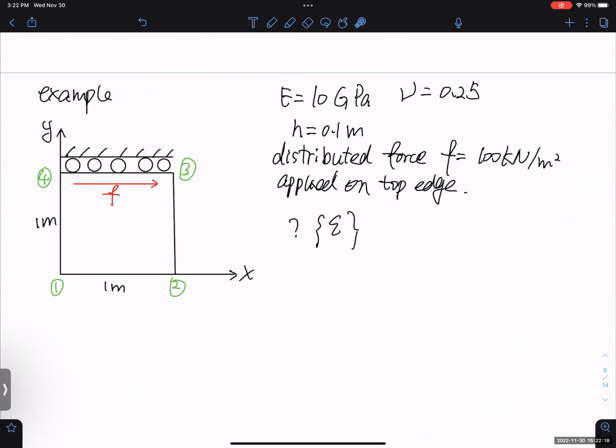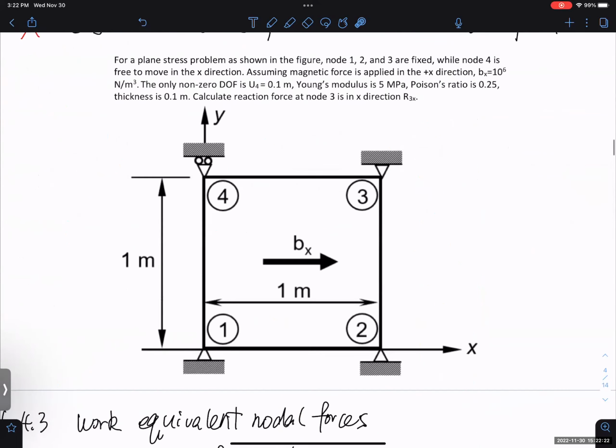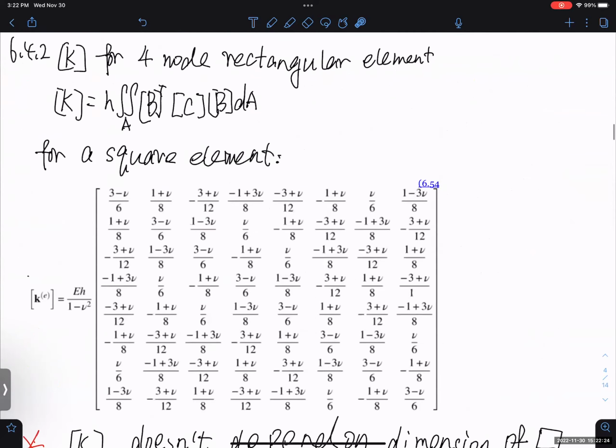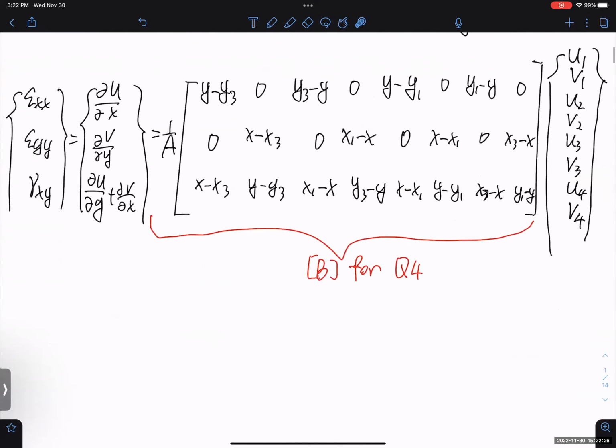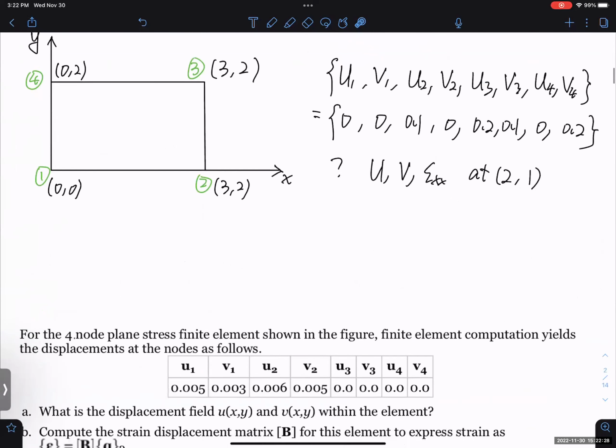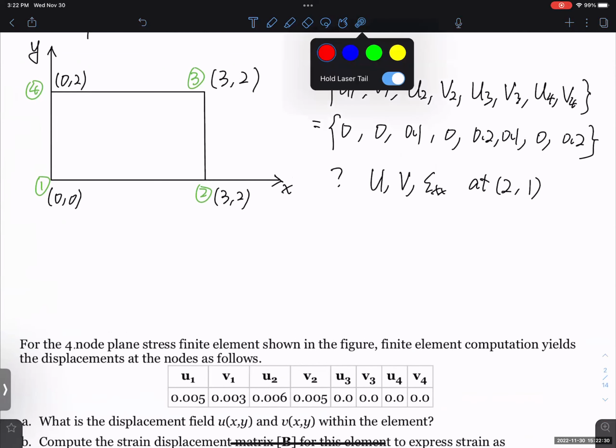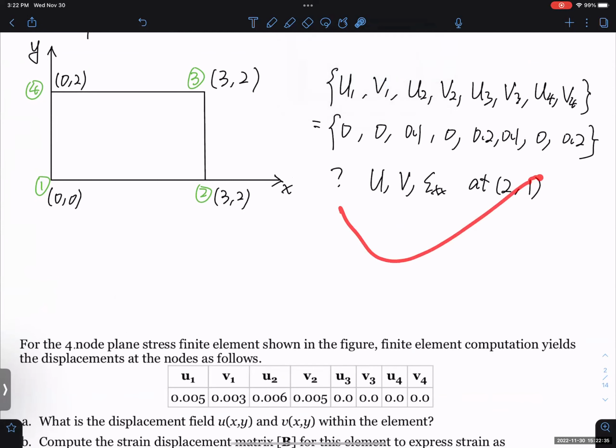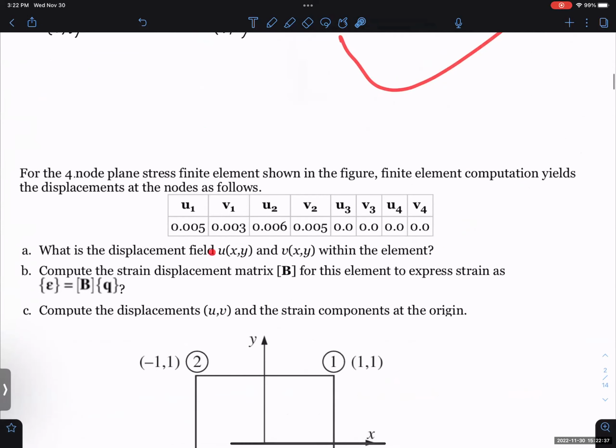Now it's the 2D plane stress problem. So this is the first part. And for this topic, the rest is easy. So interpolation, calculate strain. And this one also interpolation, calculate strain.